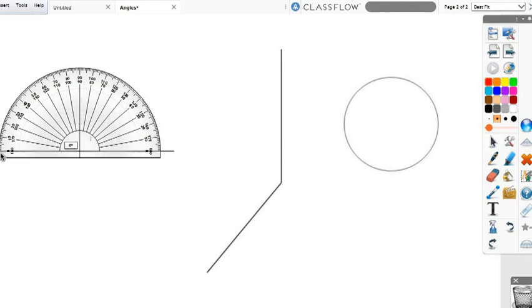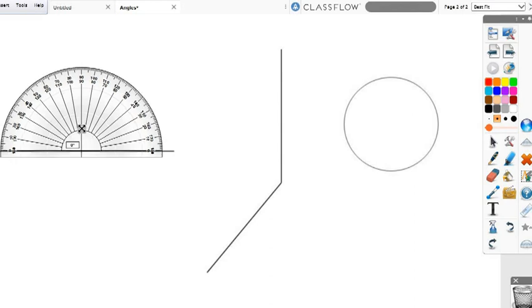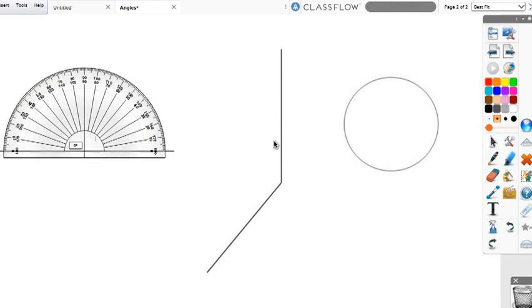When we are measuring this straight line, if it starts at that place, you see it goes to where it ends. See that it starts at 0 and ends at 180 degrees. And this type of angle is called a straight line.